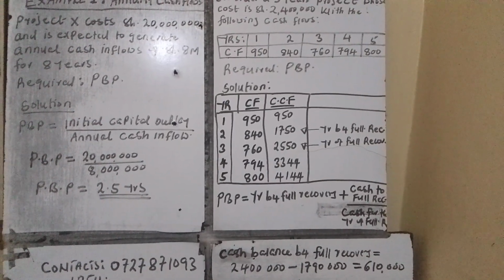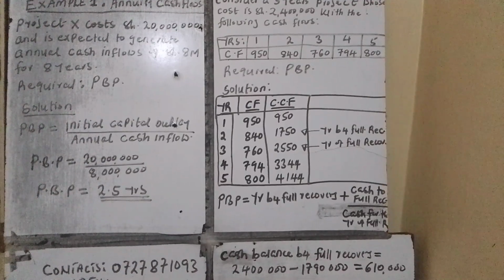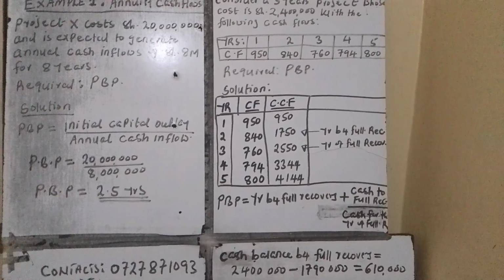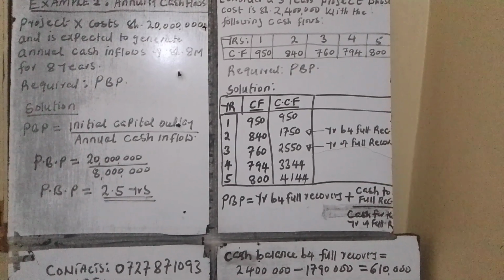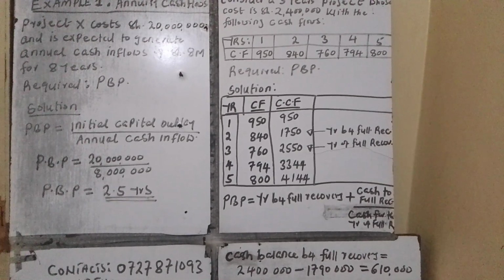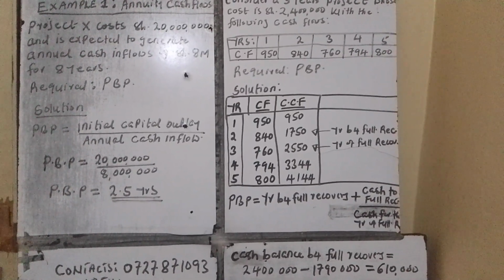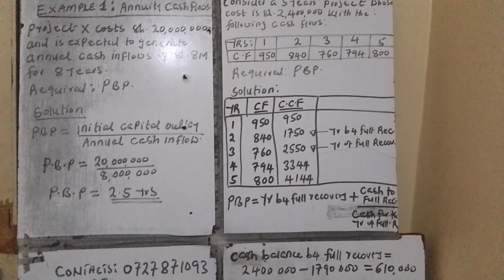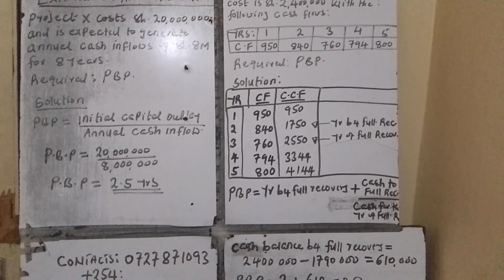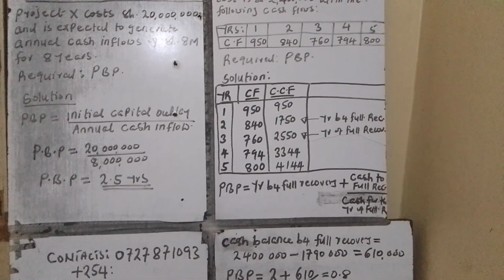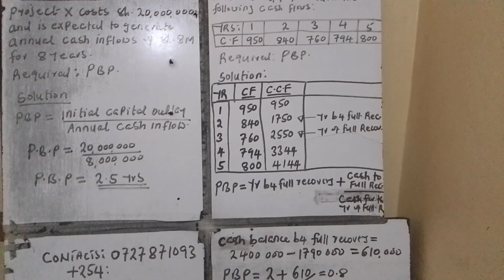Obviously, you can see in the third column we do not have 2.4 million, but it lies between 1,750 and 2,550. It is between the second year and the third year. So it means that in the second year and some months, we had generated the 2.4.